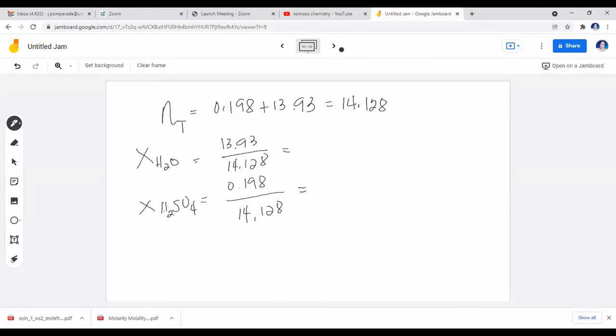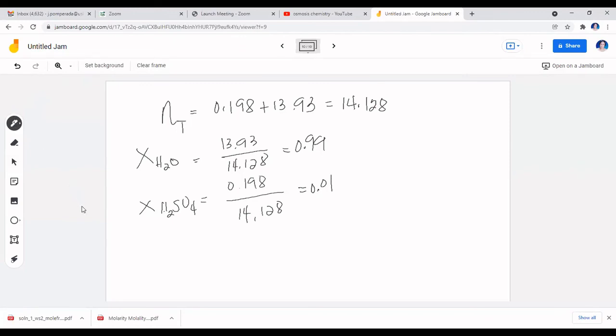This would be 99%, and this would be 1%, because the sum should be 100, right? So this is 0.99 and this is 0.01. The sum of the two mole fractions should be equal to 1. So 0.01. You get it?